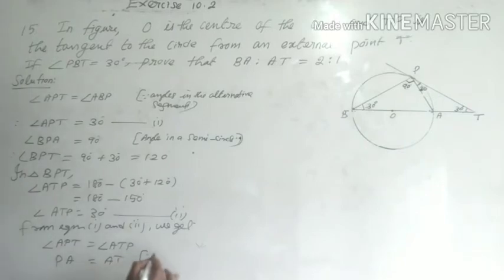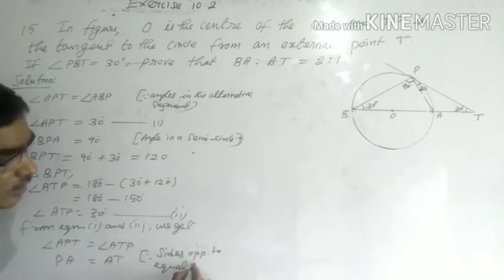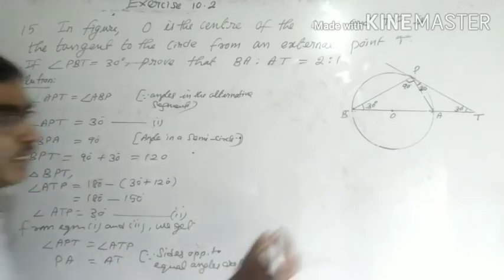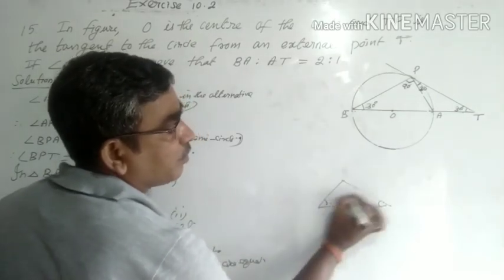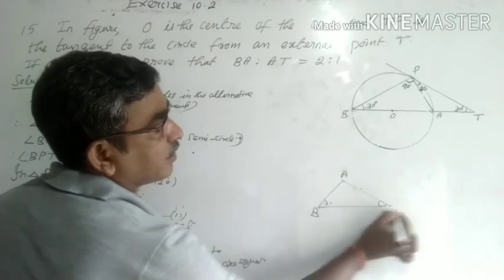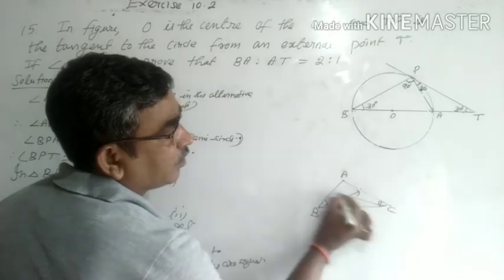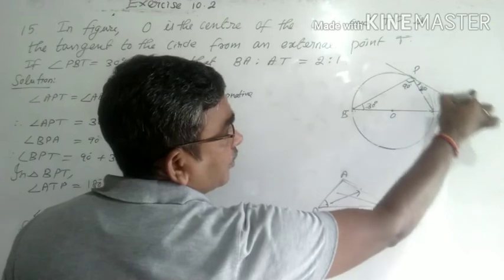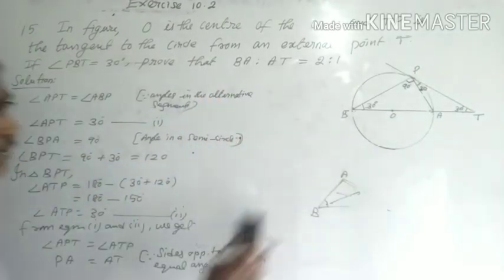The reason is that sides opposite to equal angles are equal. So understand, in any triangle, if two angles are equal, the opposite sides will be equal. Suppose triangle ABC, if these two angles become equal in measurement, the opposite sides AB and AC will be equal. In the same manner, these two are equal. The side opposite is AT, this side opposite is PA, so PA and AT will be equal. I hope you understand the idea.